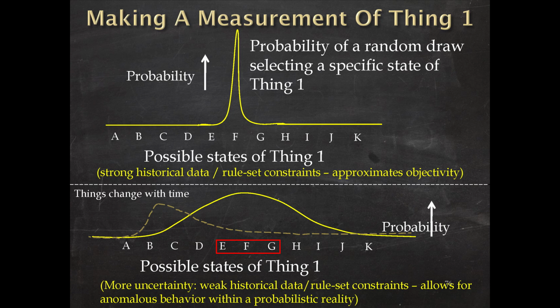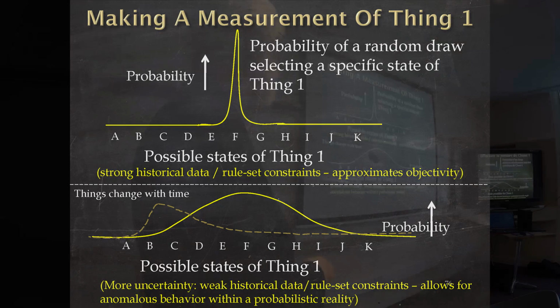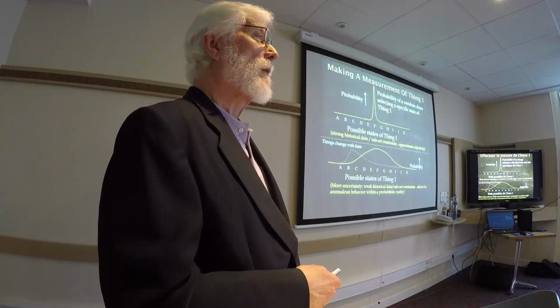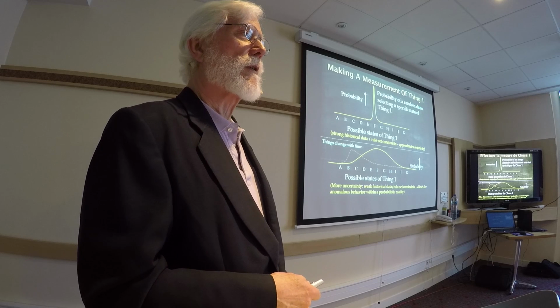Well, if there's lots of variability in what can happen, the system has some room for manipulating in there, and nobody can tell. Here, if it tries to do anything other than F, it's obvious that there's a problem. Can't do that. But here, if it decides that a G is what you really need, it can manipulate that because nobody will notice.